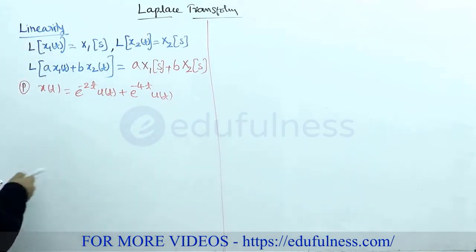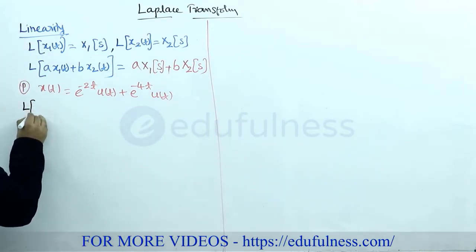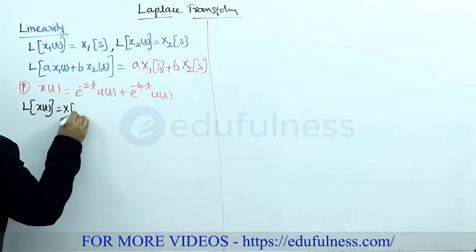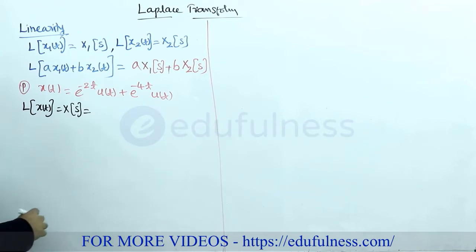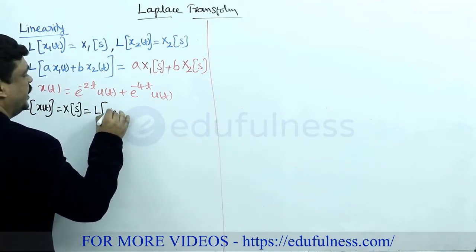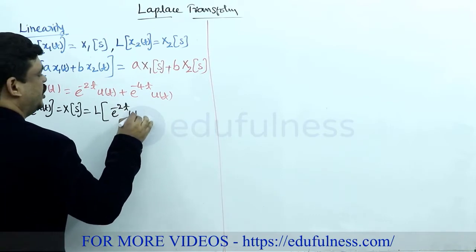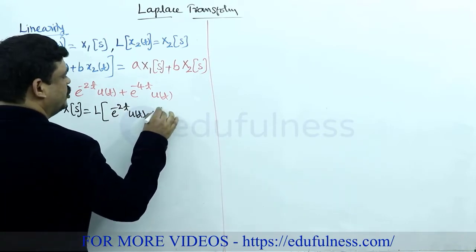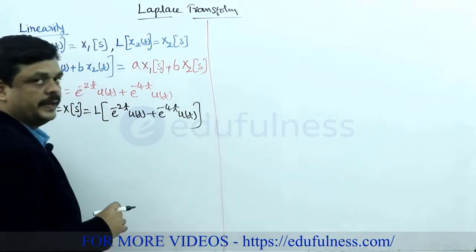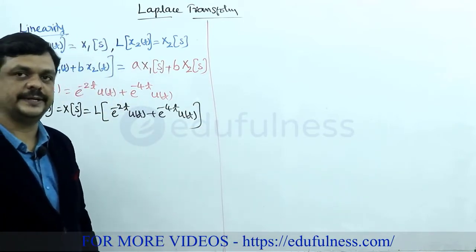So the Laplace transform of x of t is x of s. Then we write: Laplace transform of e to the power of minus 2t into u of t plus e to the power of minus 4t into u of t. Now I want to apply the linearity property here.